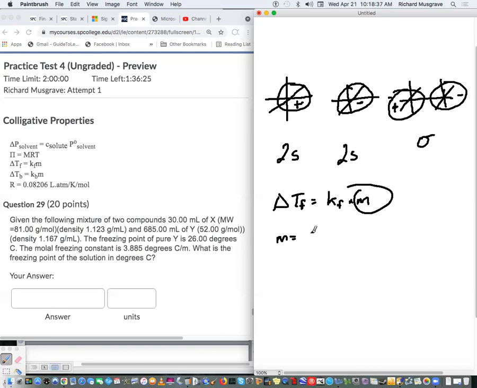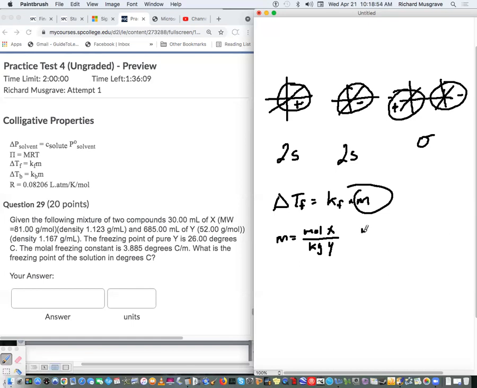So m is going to equal moles of solute, in this case moles of X, divided by kilograms of solvent, which is Y. If you simplify it like that, it's not so bad.